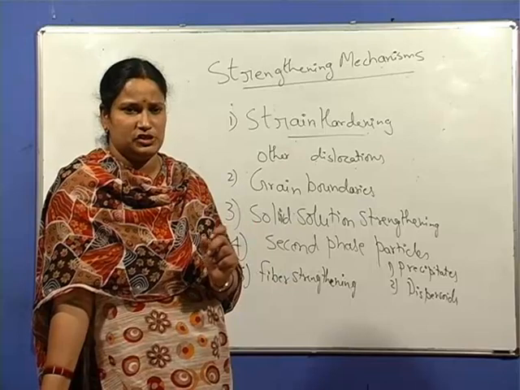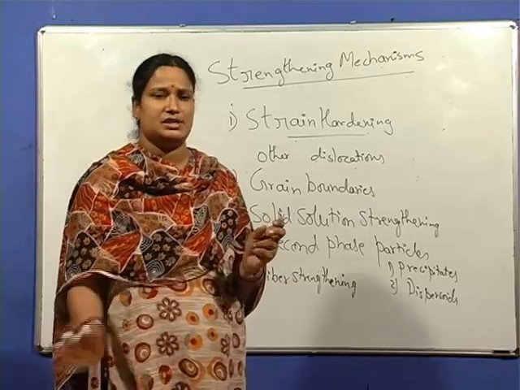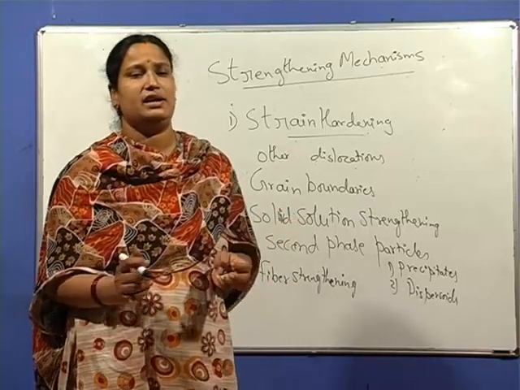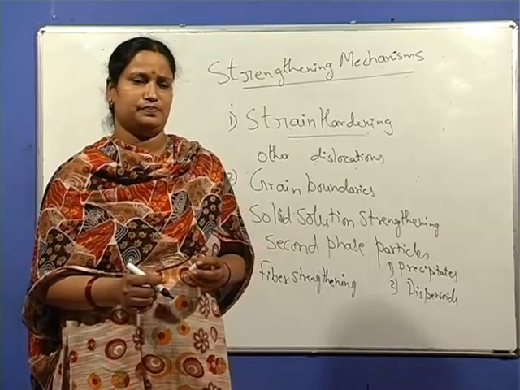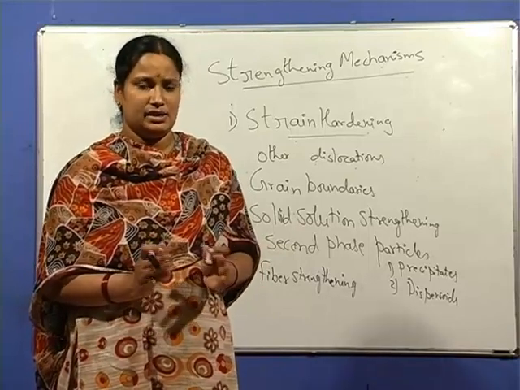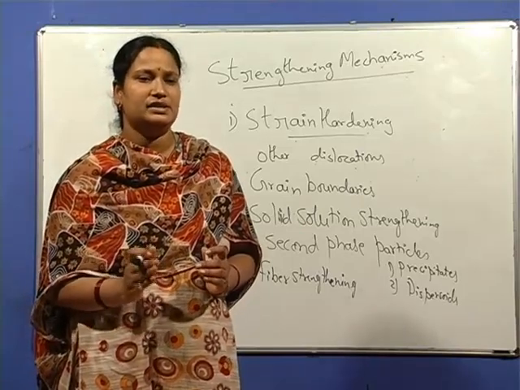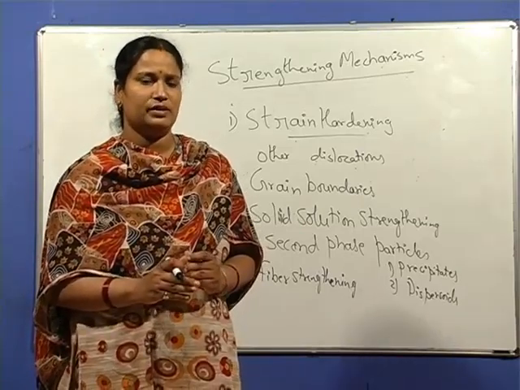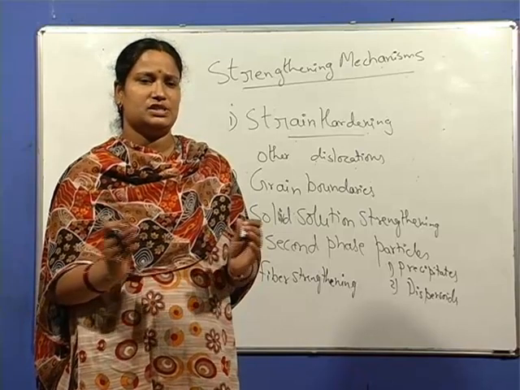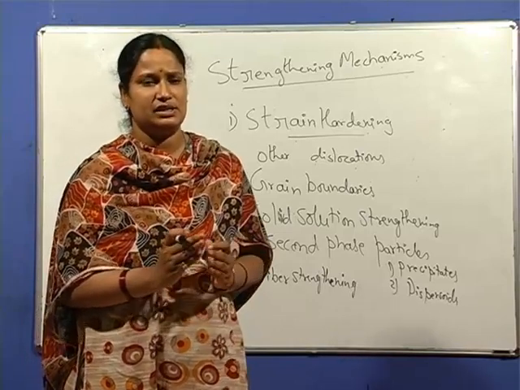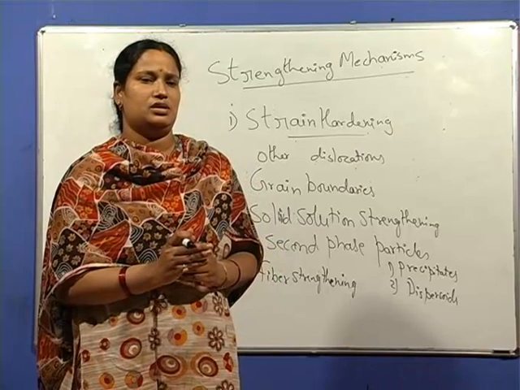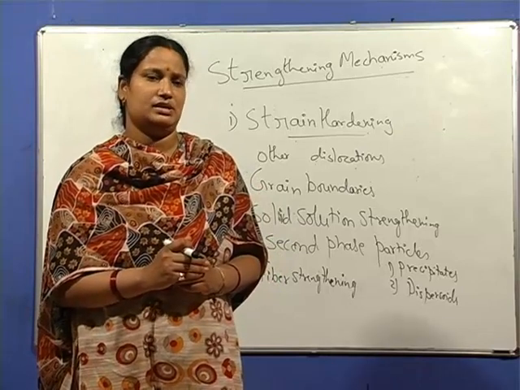Because of this, lattice expansion or contraction takes place and lattice strains are induced. These lattice strains interact with the moving dislocations. Because of this interaction, the strength of the material is increased.